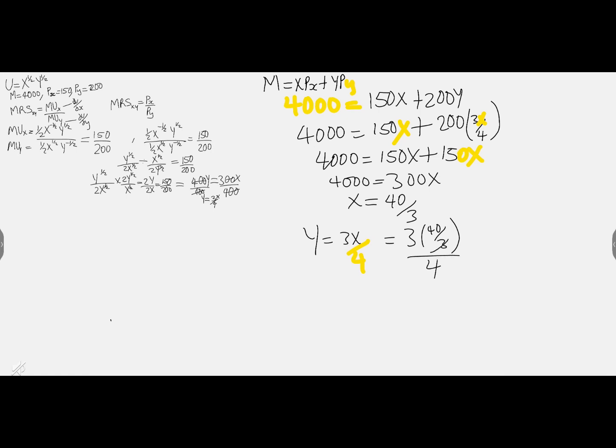That's 3 cancels 3, that's 40 over 4, which is equal to 10. So we have X equal to 40 over 3 and Y equal to 10.